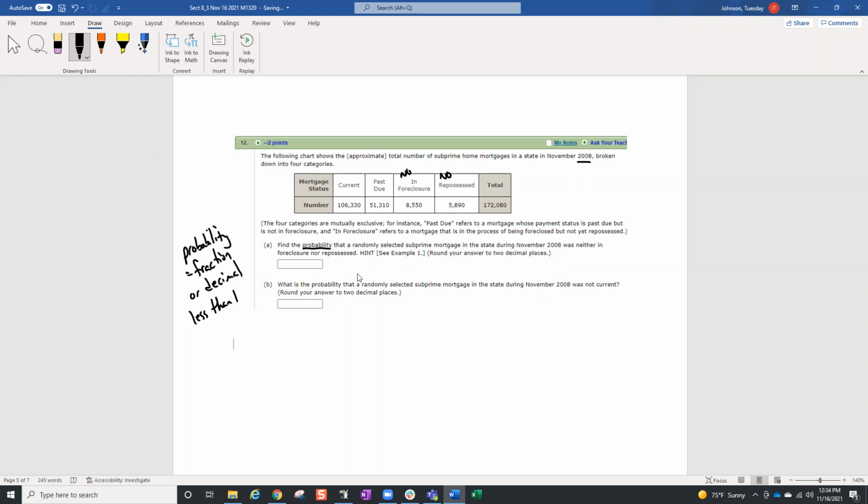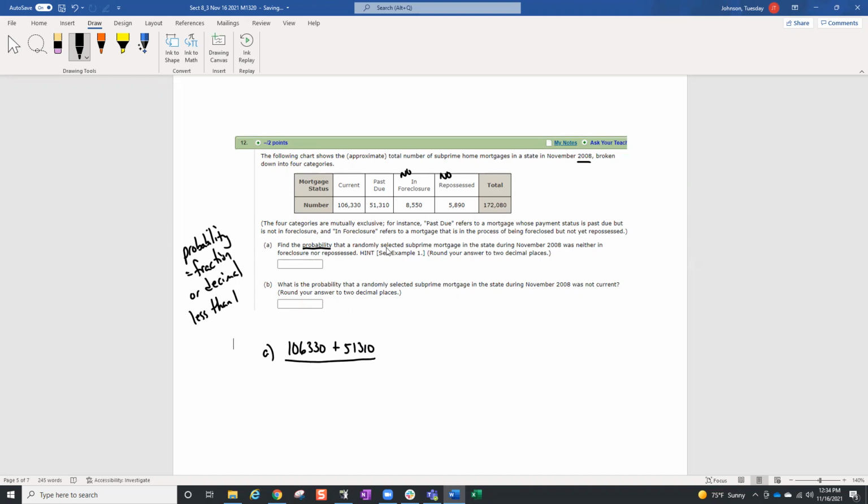So what I do want for A is I want all of the current, I'm going to write that number correctly, and past due. And those are the only possibilities, right?